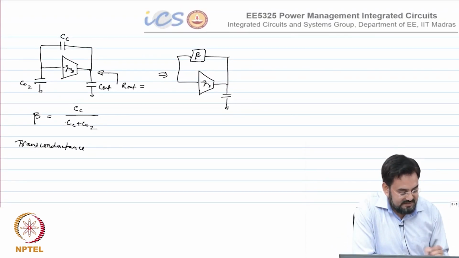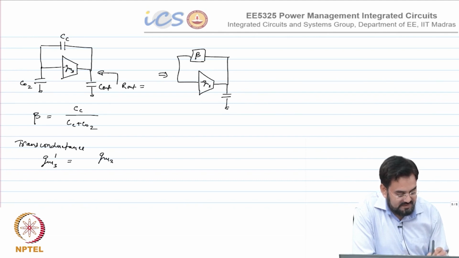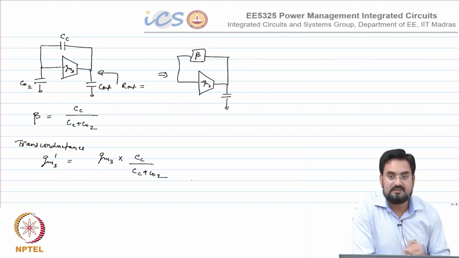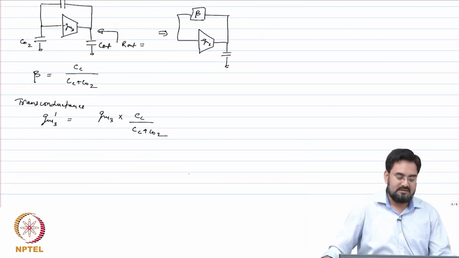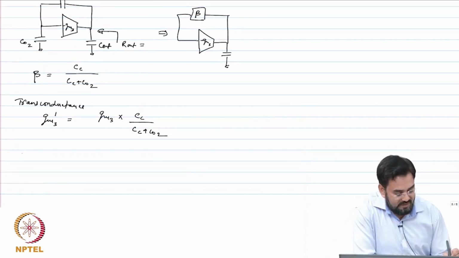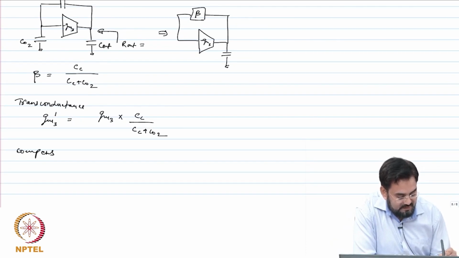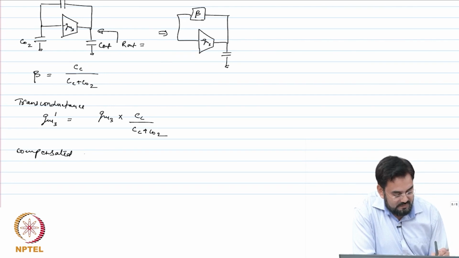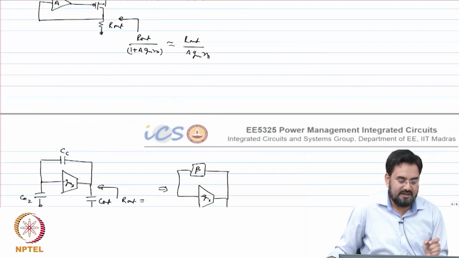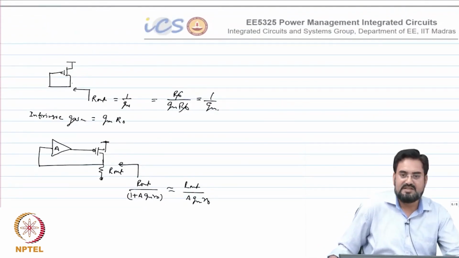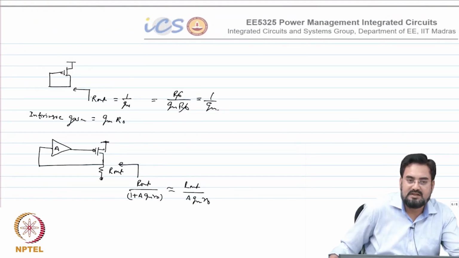So, now your transconductance will be what? GM3 dash I will call, that will become GM3 into Cc over, correct. So, your compensated, now you know the impedance looking into this is 1 over GM. If I put a cap here, then what will be the pole?